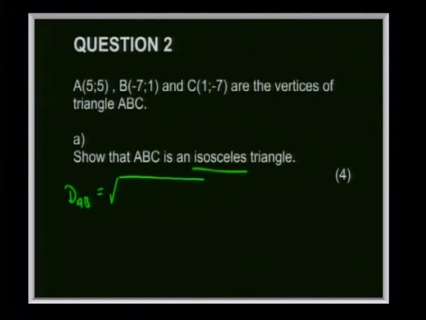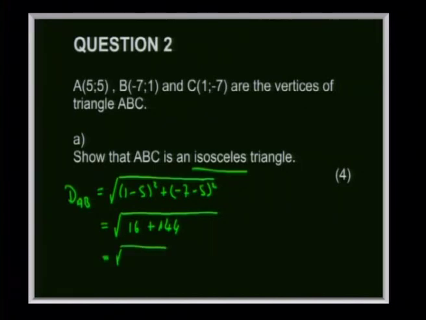So it'll be 1 minus 5 all squared plus minus 7 minus 5 all squared. Right, and that gives us the square root of 1 minus 5 is minus 4 squared, 16. Negative 7 minus another 5 is negative 12 squared is 144. Square root of 16 plus 144 will be the square root of 160.